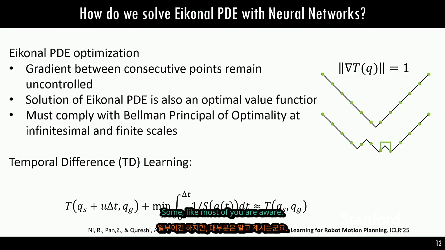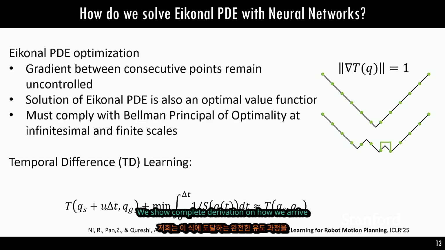Most of you are aware. In Q learning, you have your reward function, Q function at your next state and next action, minus Q function at your current state and current action, right? That's your Q learning, and it came from temporal difference learning of the value function. You have the reward plus value at the next state minus value at your current state, right? So this equation is similar.